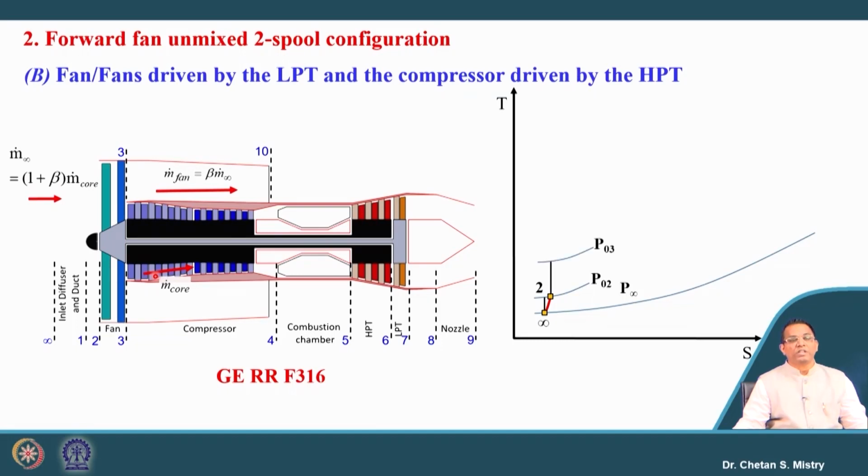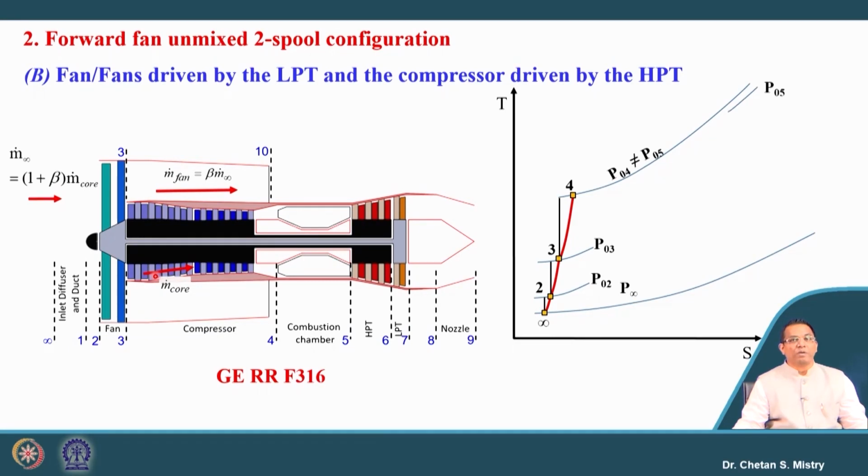Next we have our fan, which is raising the pressure from P02 to P03. This represents my actual process from 2 to 3. The component for raising the pressure from P03 to P04 is our compressor stage. So, this represents the actual process from 3 to 4.